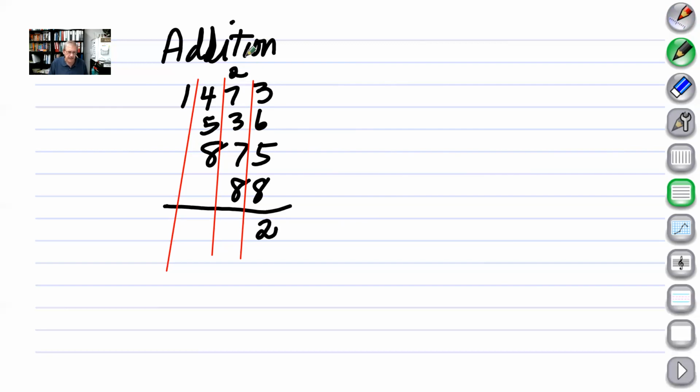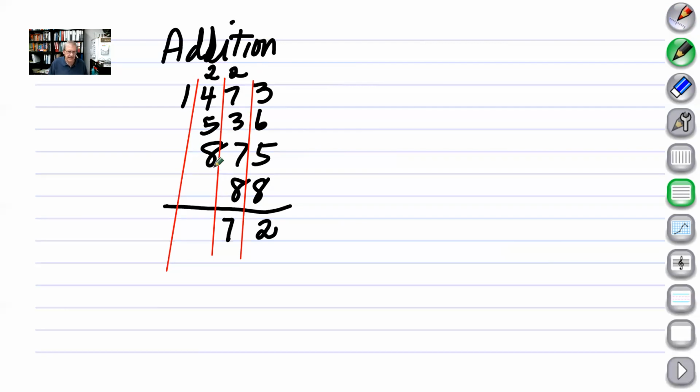I usually put it at the top of the column. Okay, 15, 18. 18 and 7, pretty hard one. 25, 27. So you might be rusty. Carry the 2. Hopefully I'm getting it right.